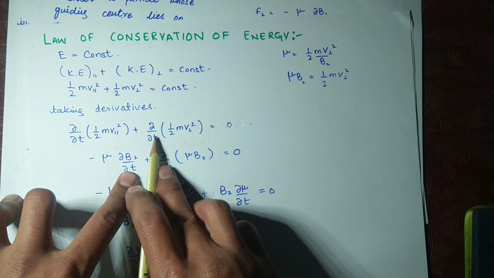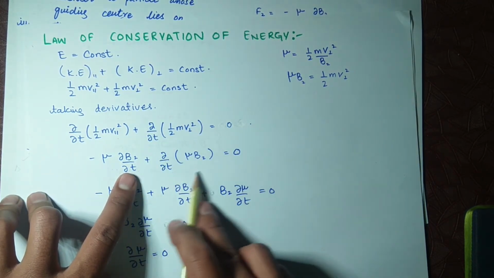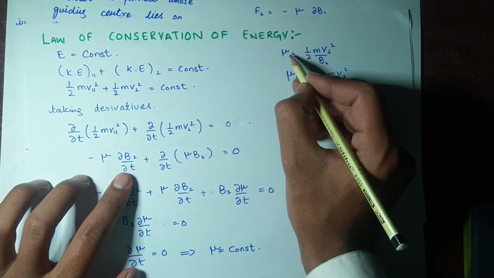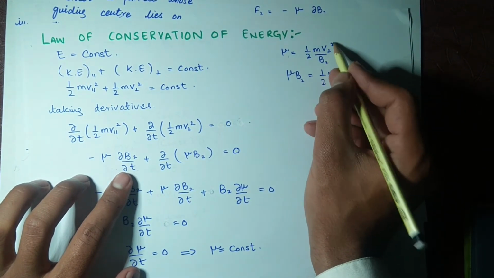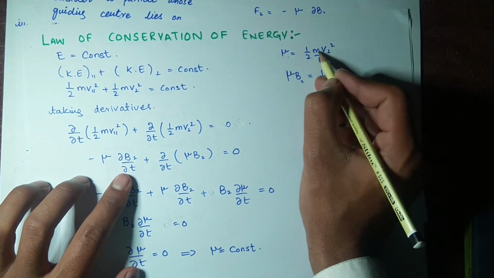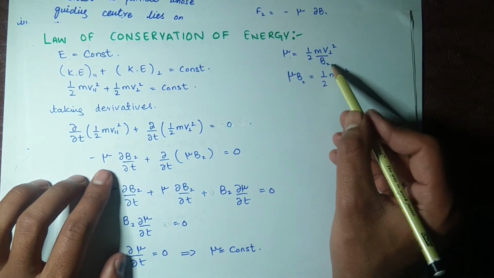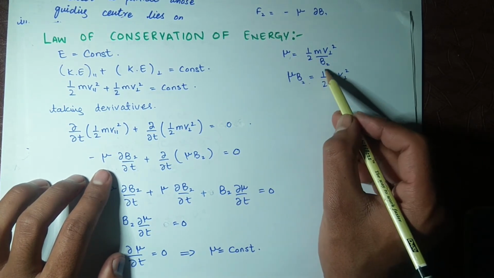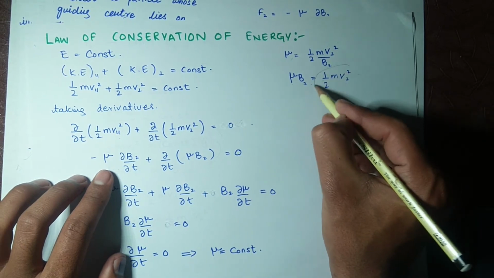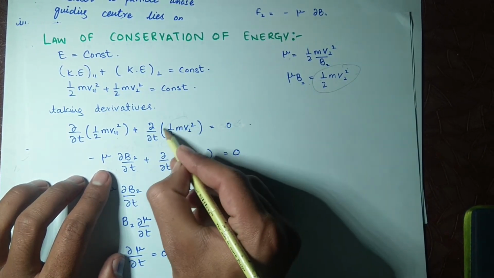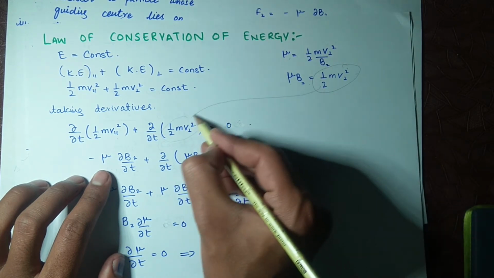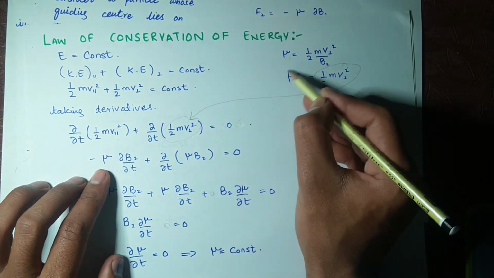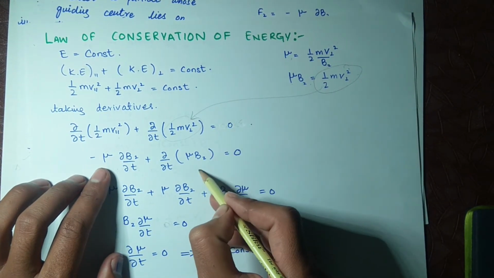Now, we know that the value of mu is equal to half m v perpendicular square over b of z. Multiplying by b of z, mu b of z will be equal to half m v perpendicular square. This value is the same as this value, so we can put this value here, mu of b, instead of this value.